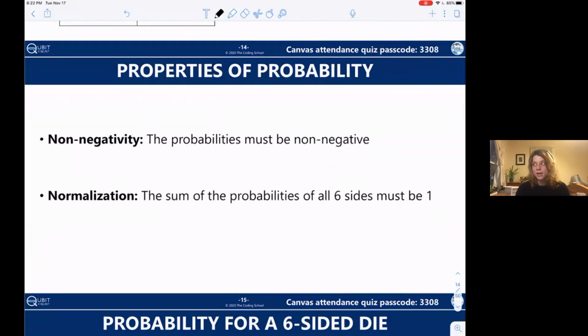That is a requirement for a probability. That's not actually a requirement for a probability amplitude, which is what we deal with in quantum mechanics. So if you're ever confused as to why you've gotten a negative number out, the probability amplitude, or the prefactor you get on your quantum state, is the square root of the probability.